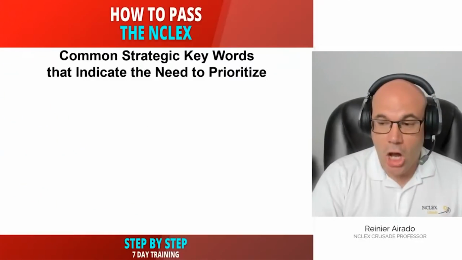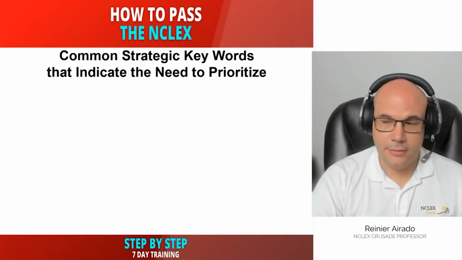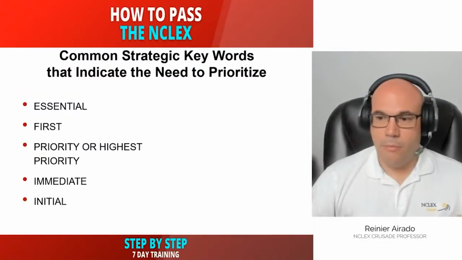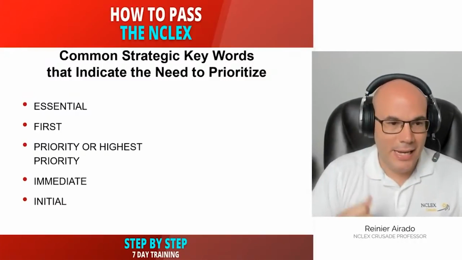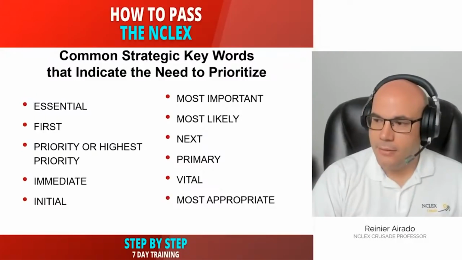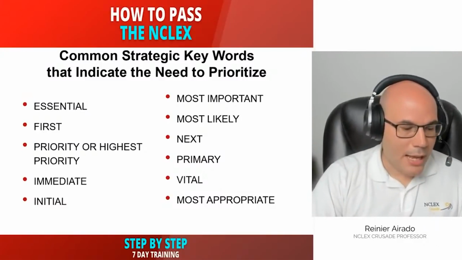There are common keywords that indicate the need to prioritize. Examples of these words: essential, first, priority or highest priority, immediate, initial, most important, most likely, next, primary, vital, most appropriate.